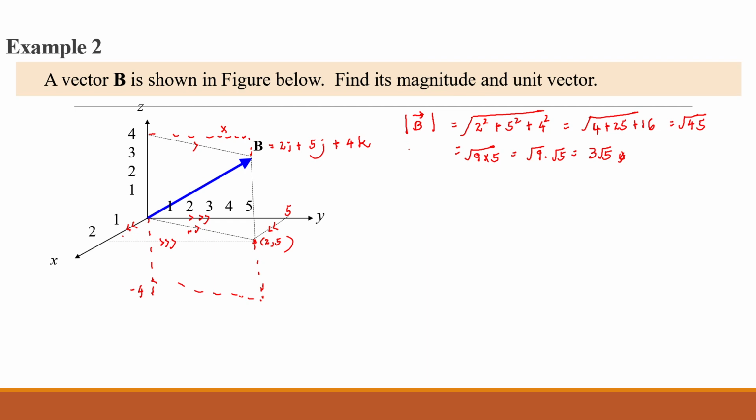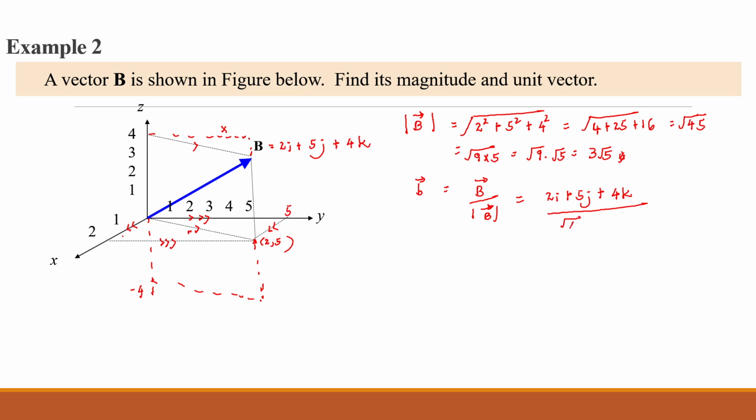Unit vector B. So unit vector B will be vector B divided by the magnitude of vector B. Vector B is 2i plus 5j plus 4k, divided by the magnitude, either root 45 or 3 root 5.